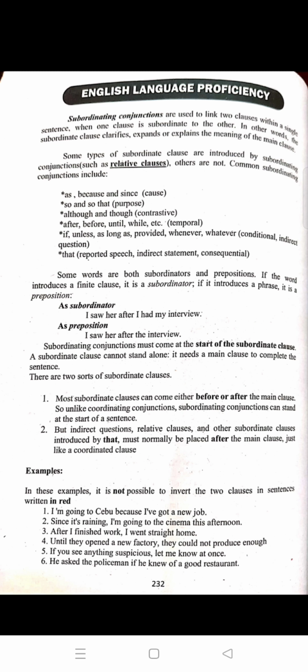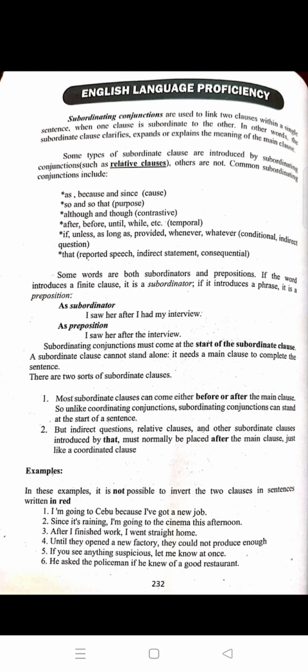For example: I'm going to Cebu because I've got a new job. Your subordinating conjunction is because. Since it's raining, I'm going to the cinema this afternoon.